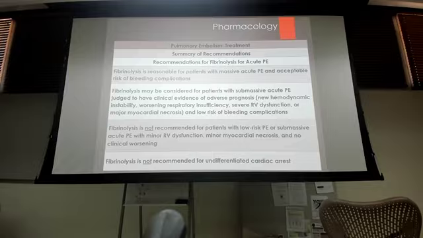Usually the submassive is going to be heparin or low molecular weight heparin because they're in the hospital, right? You're not waiting 6 to 10 days for warfarin to kick in for a submassive PE. And then low risk PE, anticoagulate only, and then the black box warning for all the factor Xa inhibitors is if they have a spinal or an epidural hematoma.